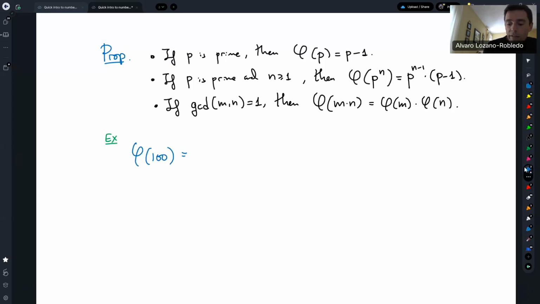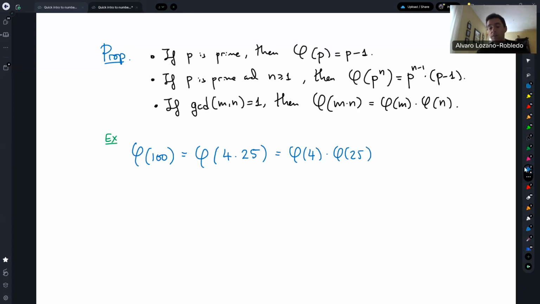So phi of 100, the first thing you do is factor 100, that is 4 times 25. Because 4 and 25 are relatively prime, I can do phi of 4 times phi of 25, using the third property in that proposition. And this is the same as phi of 2 squared times phi of 5 squared. Now I can use the property for computing values of phi for prime powers.